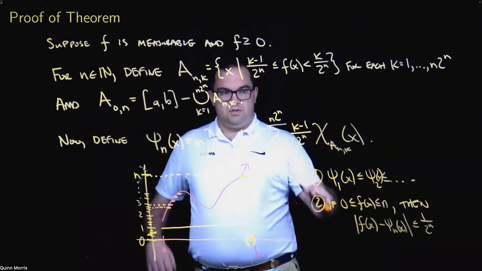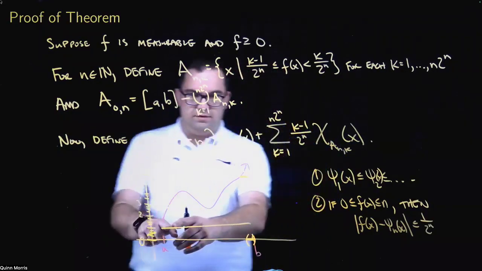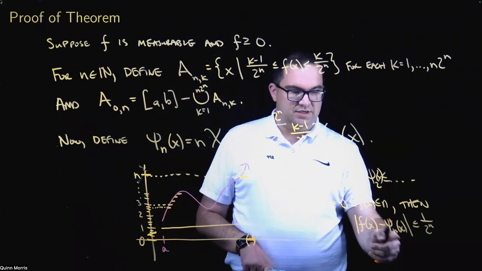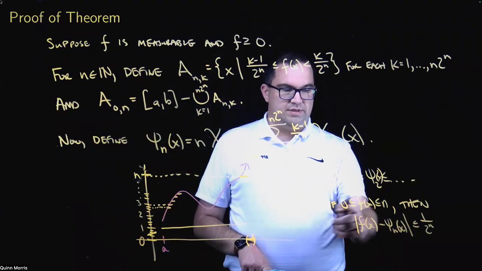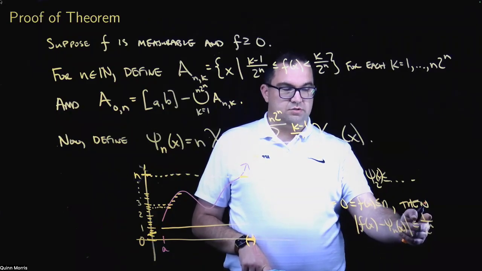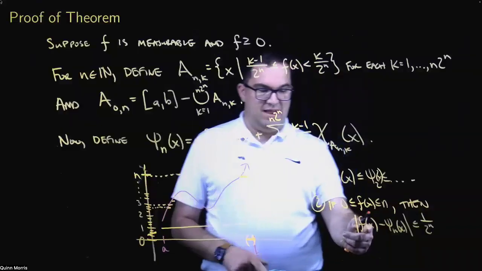So at each point, this is increasing. It's actually this second piece you show that it has to be between 0 and n, it has to be increasing towards f(x).